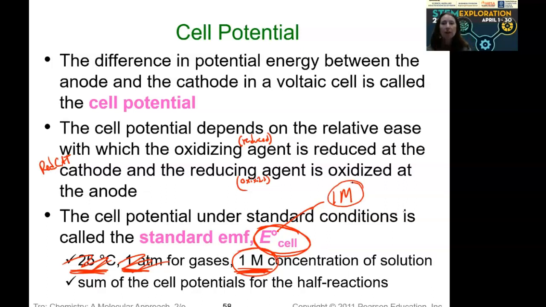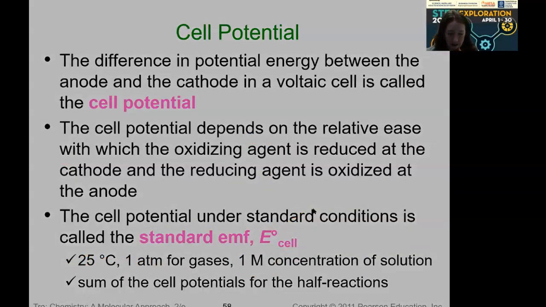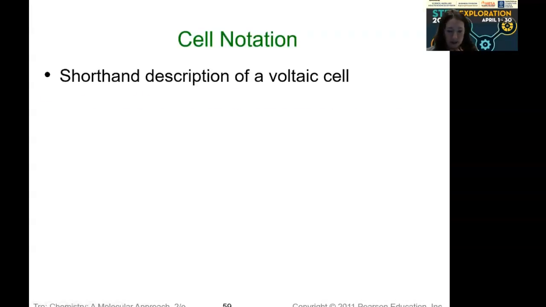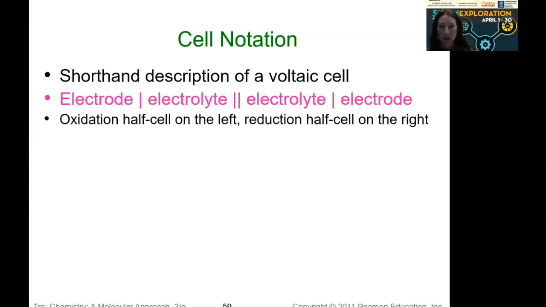Okay, so now, how do we write what I just showed you in our electrochemical cells? To write these cells, you have your electrode, and then this is the line between your 2 electrodes, and then your electrolyte, this is your solid, this is your aqueous.